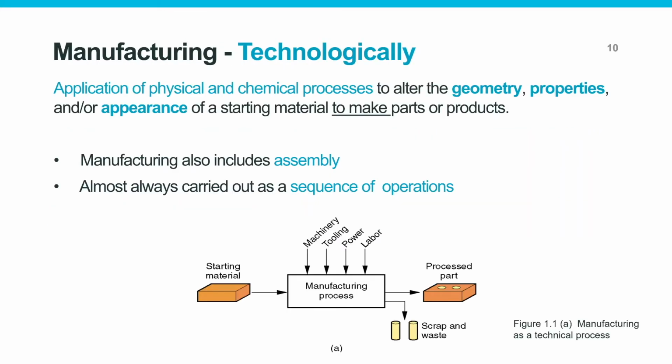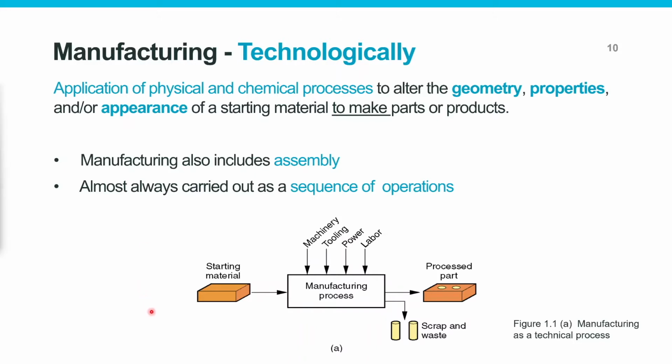We said manufacturing is technologically important. In manufacturing, we use physical and chemical processes to modify the geometry, properties, or appearance of the starting material we have in order to make parts or products. Manufacturing also includes assembly and is almost always carried out as a sequence of operations.